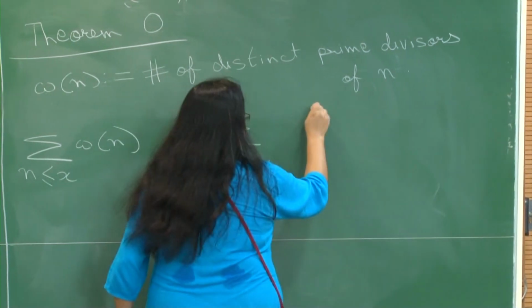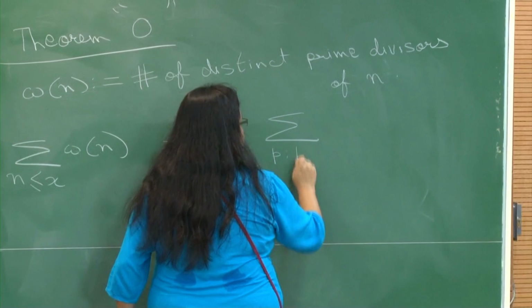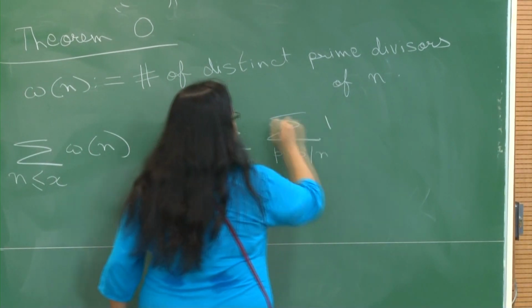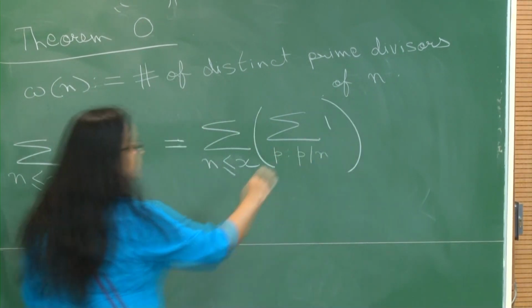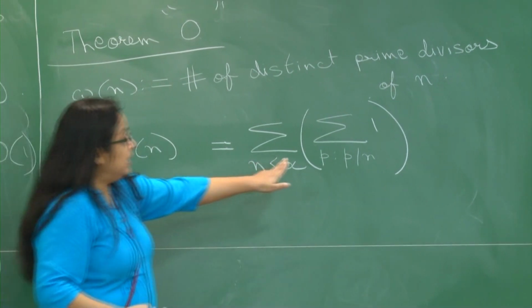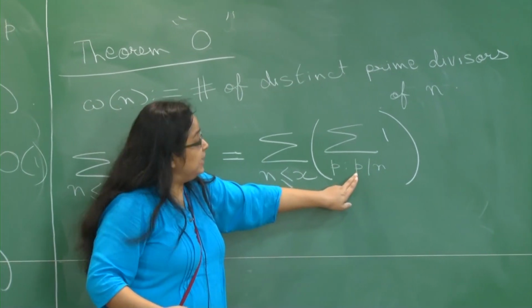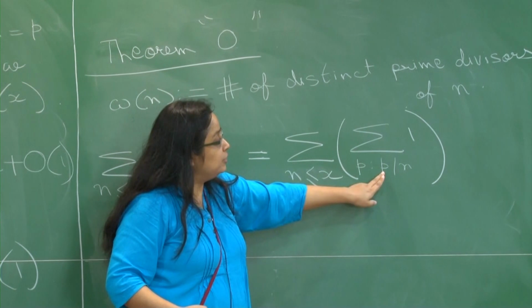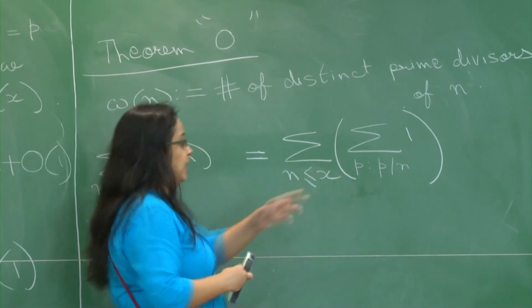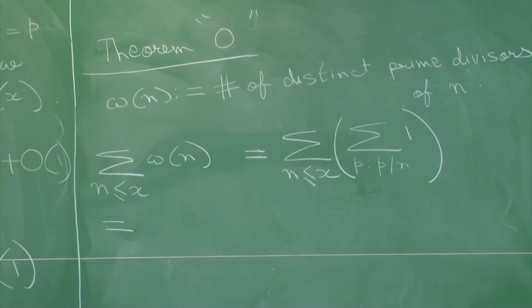So, what you have is summation over all the primes dividing n of 1, the inner sum can be written in this form. When you were talking about the average order of d of n, the inner sum was running over all the divisors of n, but here we have the inner sum running over only the prime divisors of n. But other than that, the technique to evaluate this is exactly as in the average order of d of n.